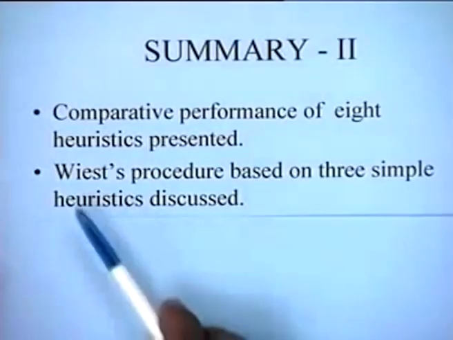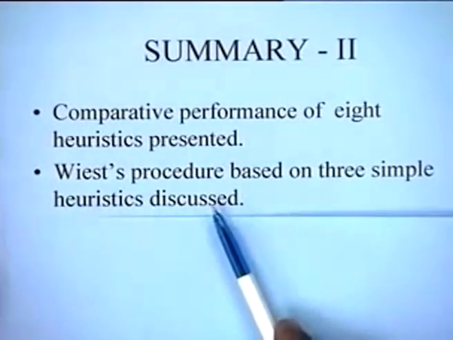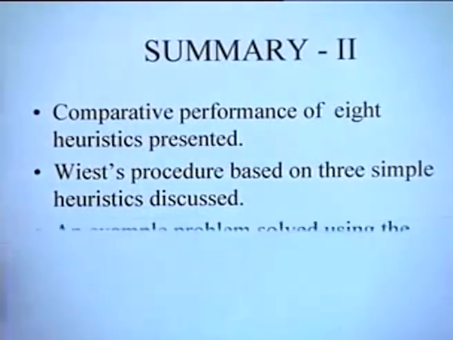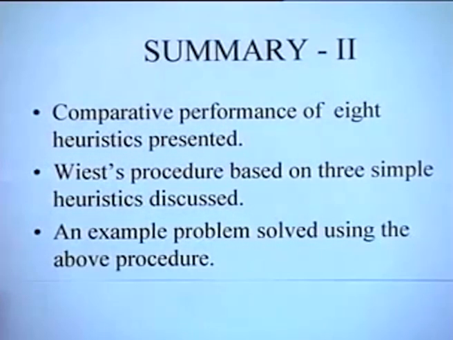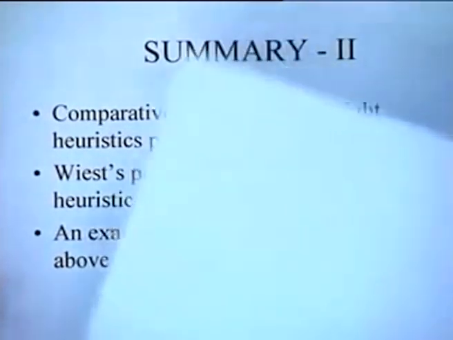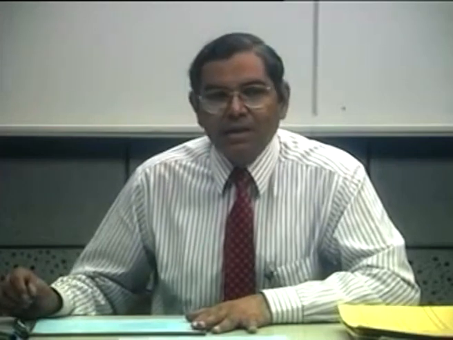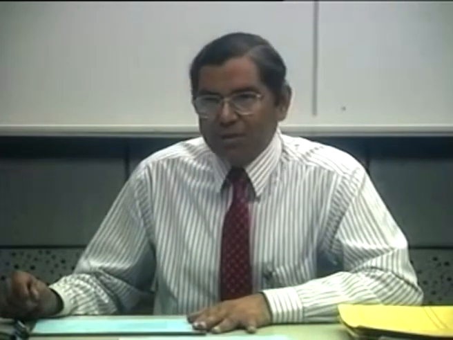A procedure due to Wiest based on 3 simple heuristics was discussed, and an example problem was solved using the above procedure. And finally, some interesting things that came out from this procedure were that the notion of a critical path is not necessarily valid any longer. This is now replaced by the generalized notion of a critical sequence.